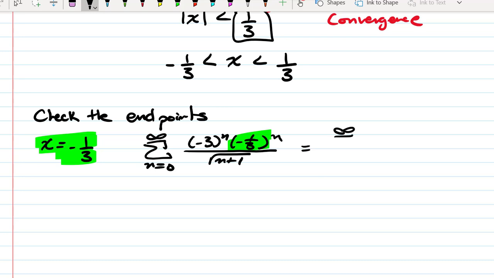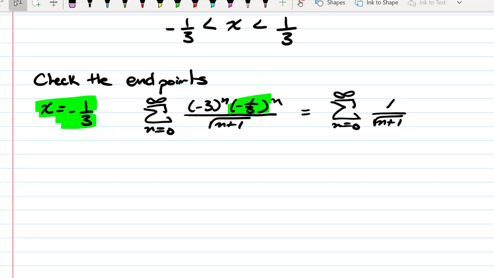So if we simplify that, negative 3 to the n times negative 1/3 to the n, a negative times a negative is positive. 3 times 1/3 is 1. We get 1 to the n, but 1 raised to any power is just 1. So we get the sum as n goes from 0 to infinity of 1 over the square root of n plus 1. So now we need to determine if this converges or diverges.